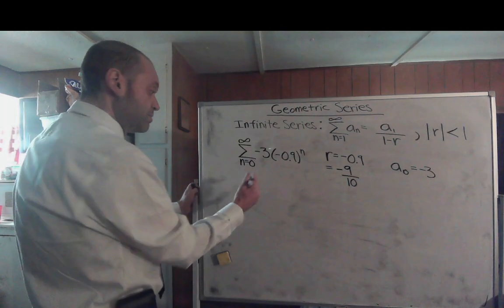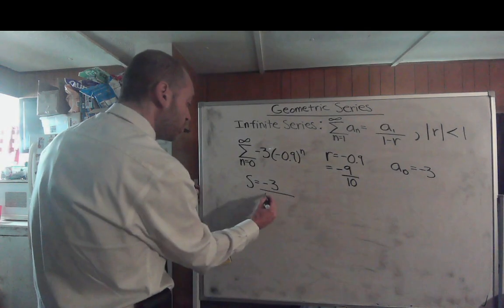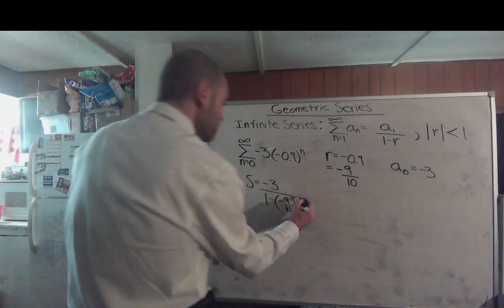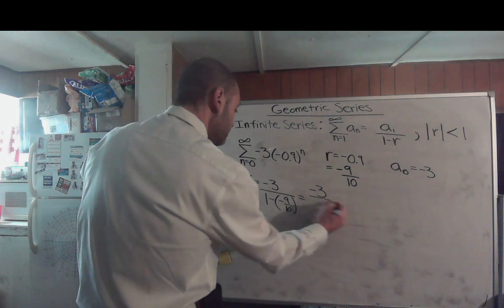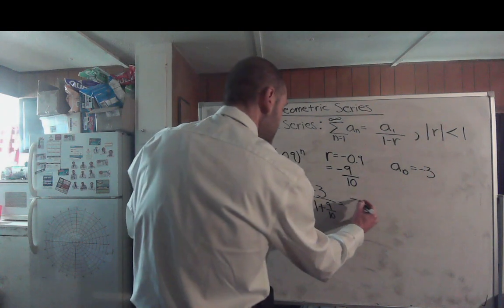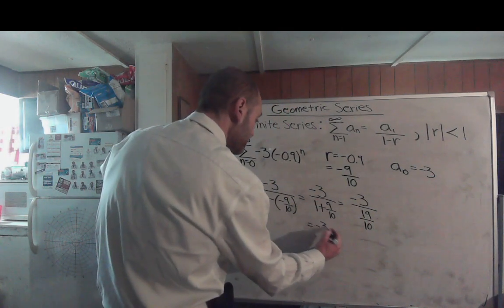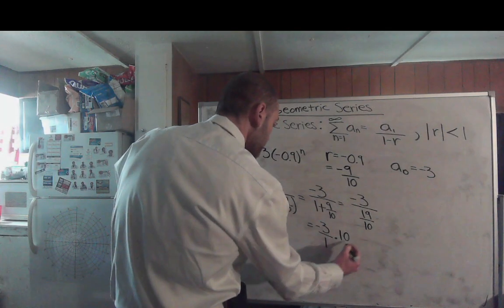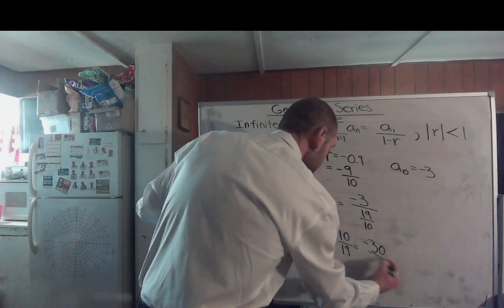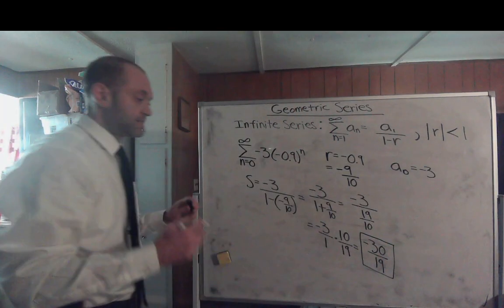Now we can find the sum. So the sum is going to equal my first term of -3 all over 1 minus my common ratio of -9/10, which is going to end up giving me -3 all over 1 plus 9/10, which would end up giving me negative 3 all over 19/10, which would give me negative 3 over 1 times 10 over 19, which would give me a sum of negative 30 over 19, which would be about negative 1 and 11/19.